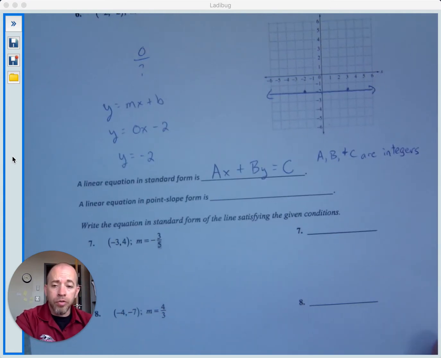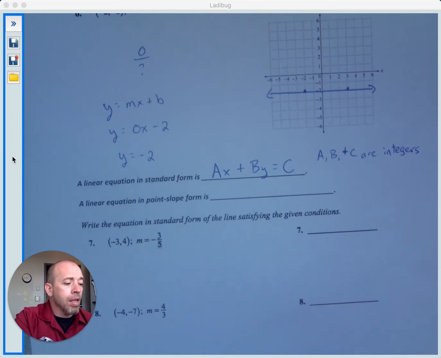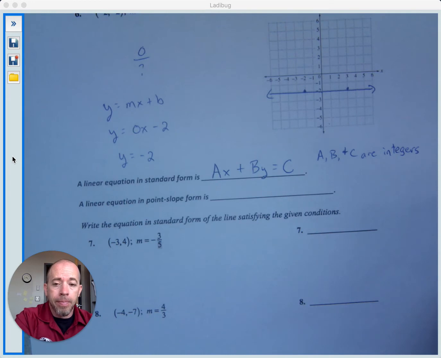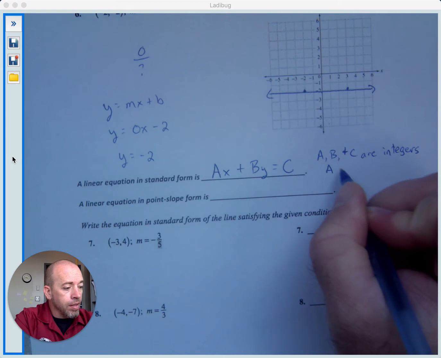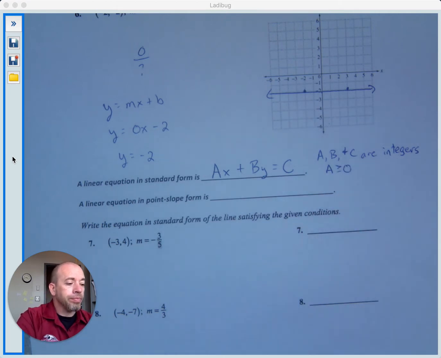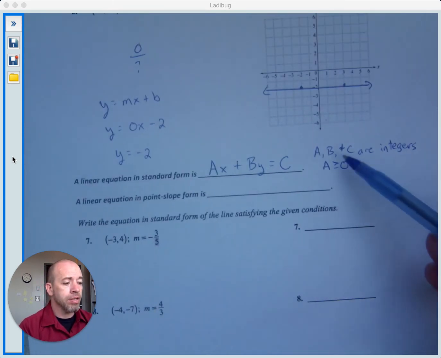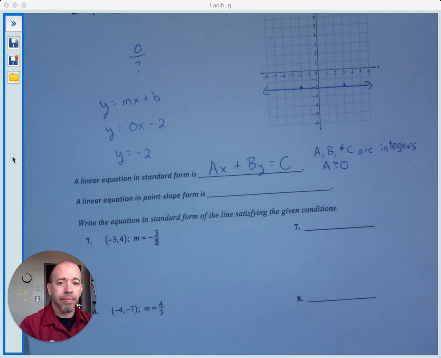That means there are no fractions or decimals. And a needs to be non-negative, so a is greater than or equal to 0. We can't have a negative a value. We're going to practice finding equations in this form in just a little bit, and we'll refer back to these requirements as we do that.